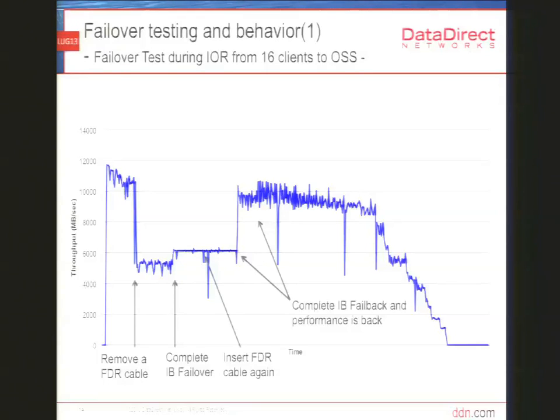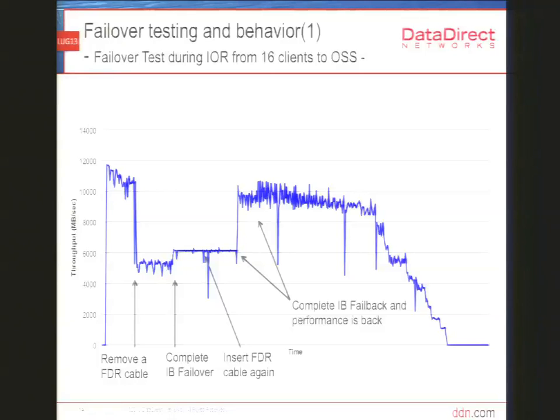Then the bonding interface tries to fail over. Once the bonding interface selects a new slave interface, the bonding failover is complete, and Lustre tries to reconnect to the client. Then once the reconnect is complete, all of the OSTs are accessible from the client, but it's running on one HCA in a regression mode.